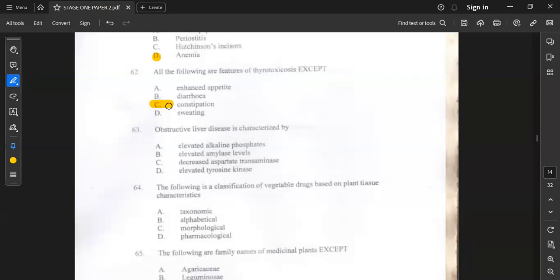Beta blockers are prescribed to relieve the symptoms of hyperthyroidism, including the rapid heartbeat, tremors, and anxiety. But they do not treat the underlying thyroid problem, so they just provide symptomatic relief.